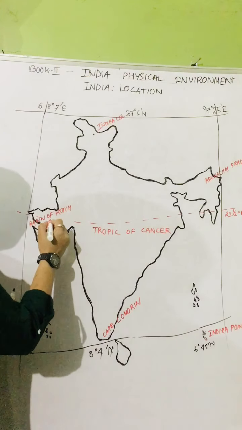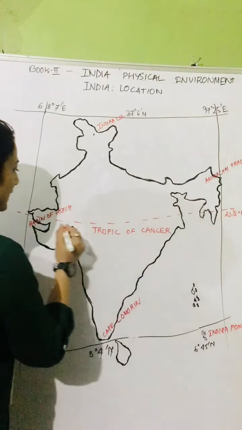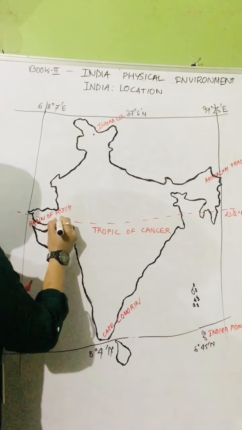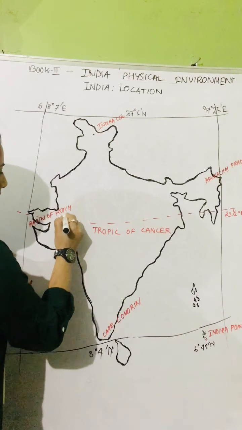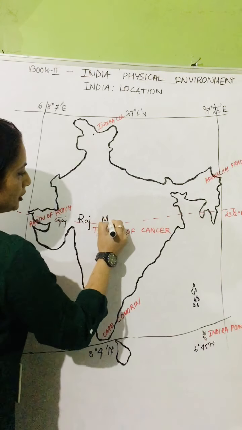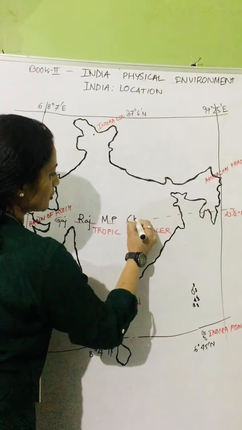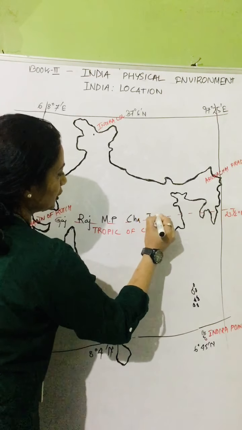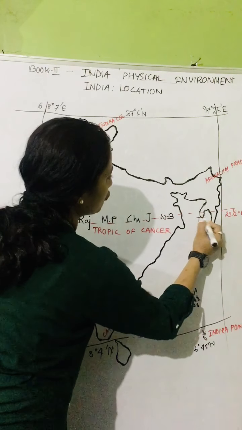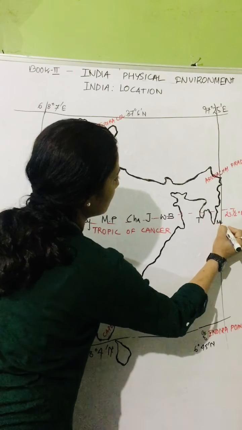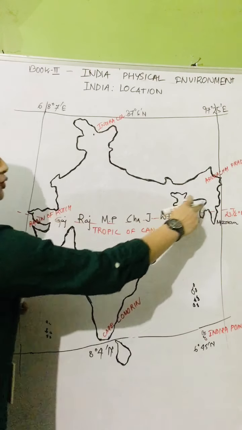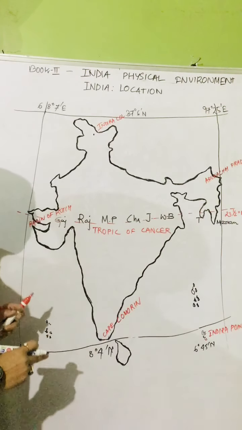The states through which this line passes are Gujarat, Rajasthan, Madhya Pradesh, Chhattisgarh, Jharkhand, West Bengal, Tripura, and Mizoram. So these are the states through which this latitude passes.